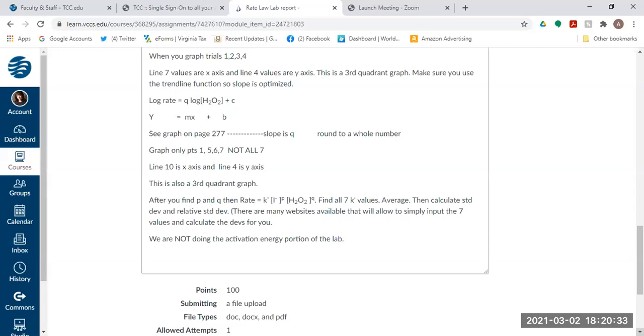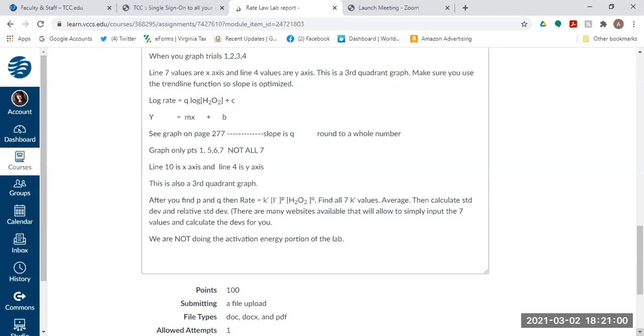There's a ton of websites, especially if you're not familiar with how to do standard deviation and relative standard deviation, where you just put your 7 data points in and hit the button that says standard deviation, and it tells you what the value is. I don't need to see your math. You can use a website to do this. Also do the same thing for the relative standard deviation.